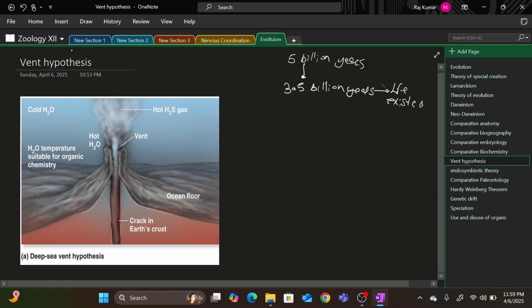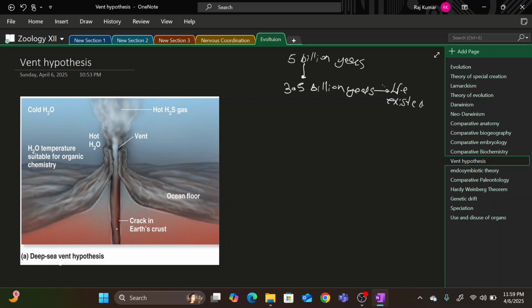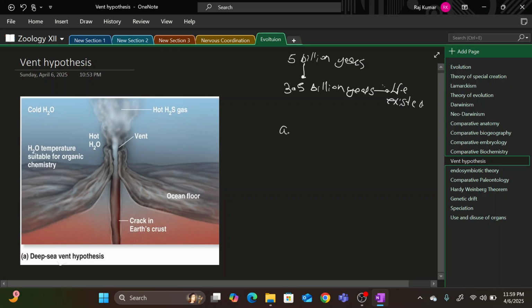As you can see in the diagram, these are deep sea hydrothermal vents arising from deep within the Earth's crust. Over those hydrothermal vents, there were certain bacteria named archaea bacteria.